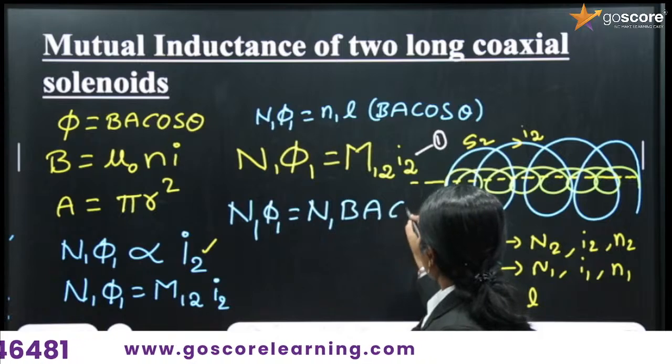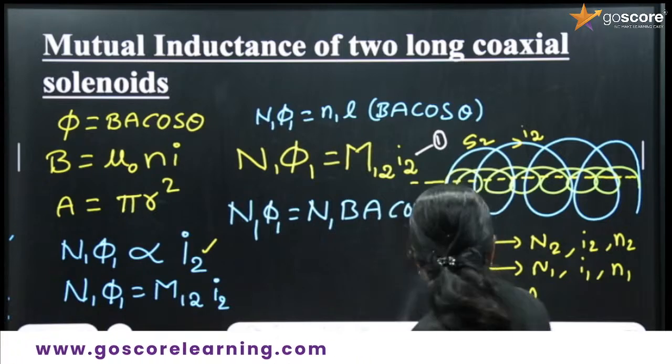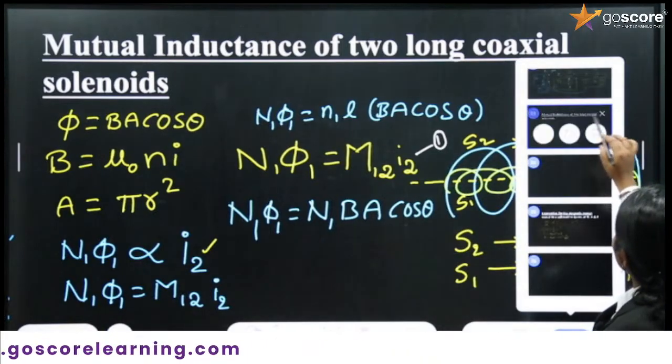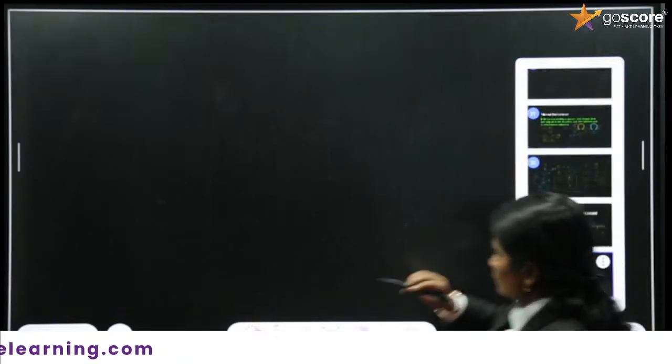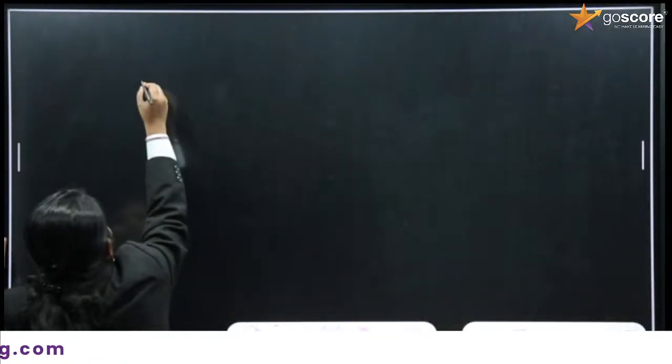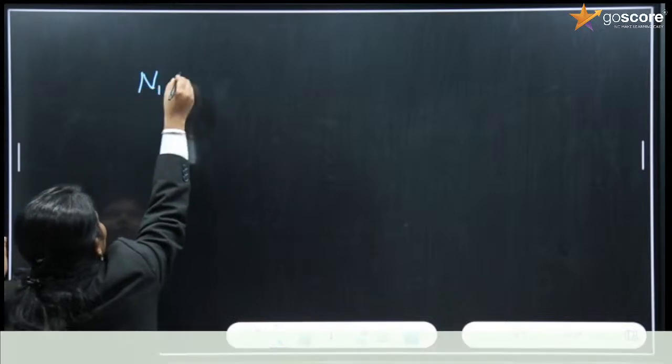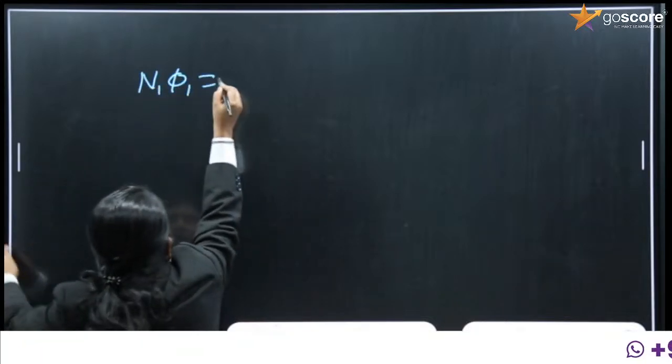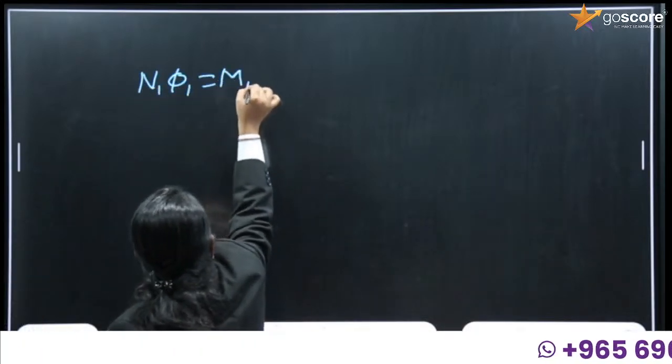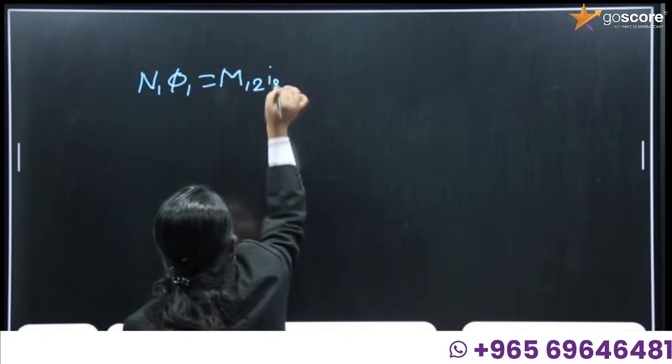BA cos theta. First equation: N1 phi 1 is equal to M12 I2.